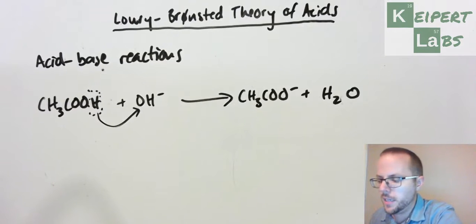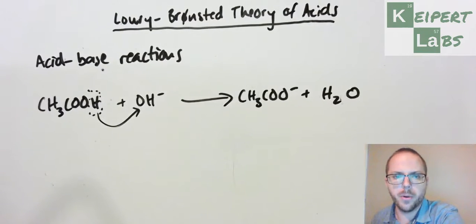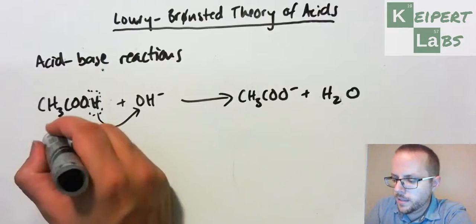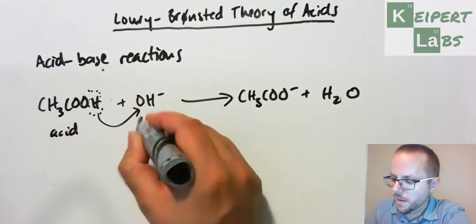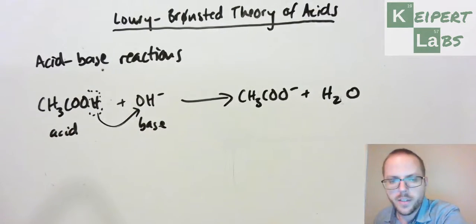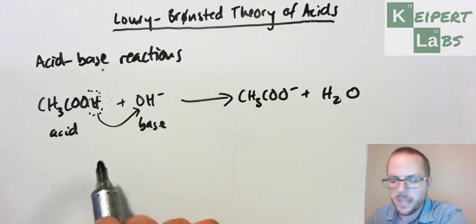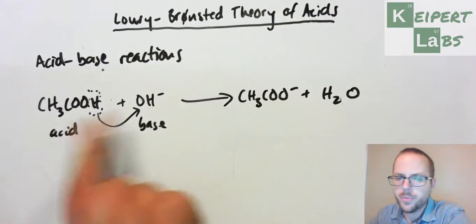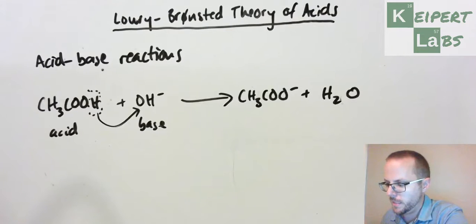What we see in each of these situations is that we're transferring a proton from one substance to another. This is our acid and this is our base. It always is given from acid to base, no matter which way around, whether you write them on the left or right doesn't matter.